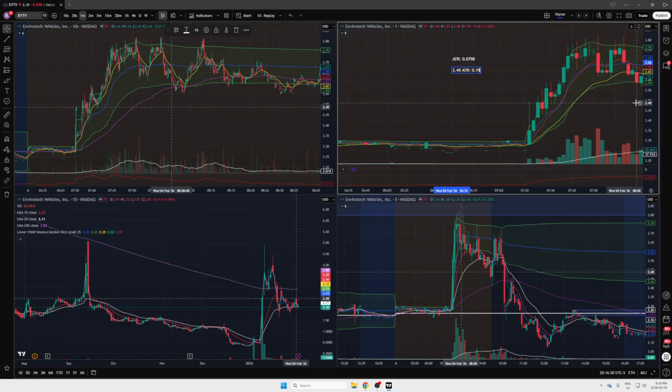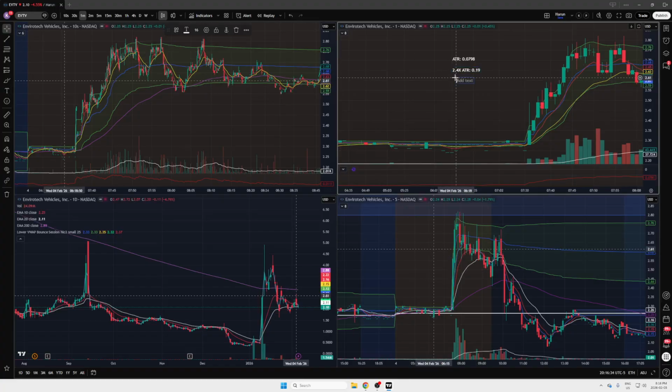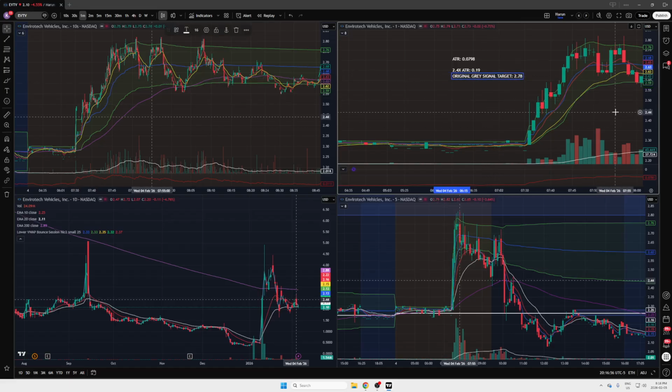Your original target, so I'm going to write that down. Original gray signal target. And the reason we're writing it on the original gray signal target is because if path 1 momentum happens, you're using this target. If not, you're changing your target. But 2.78. Okay, great. 2.78 is the original signal's target.